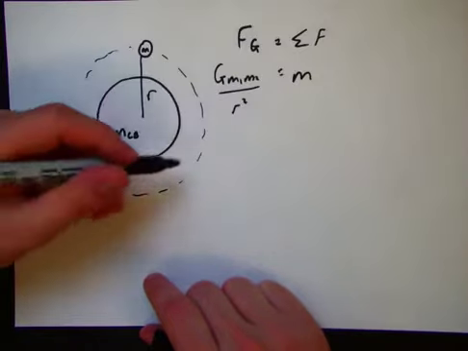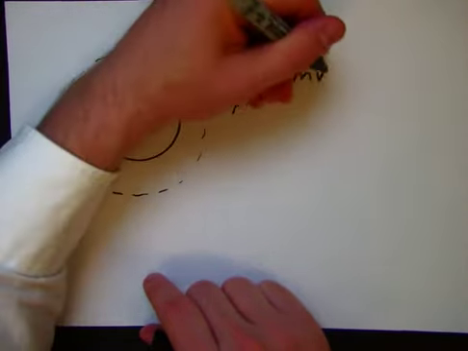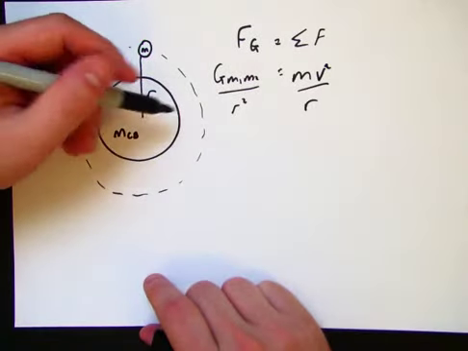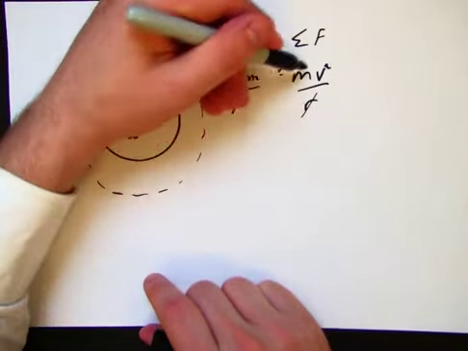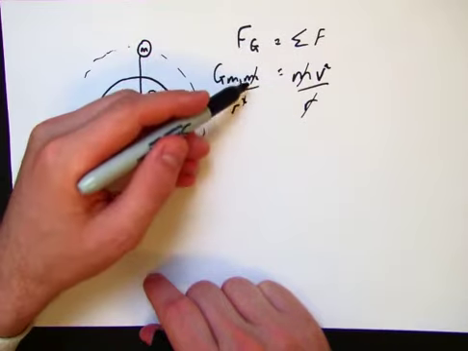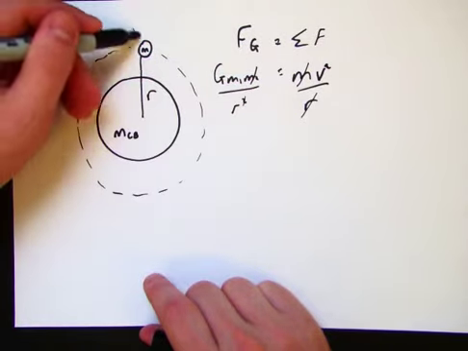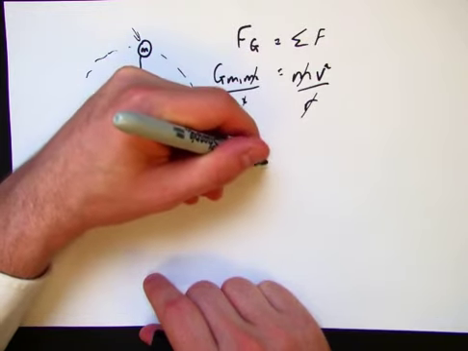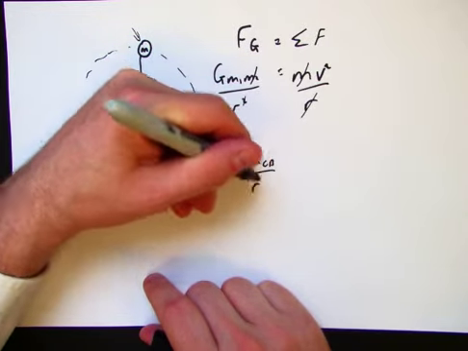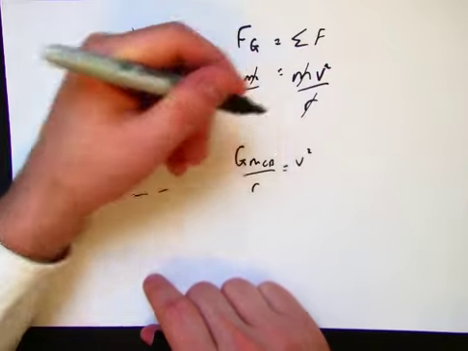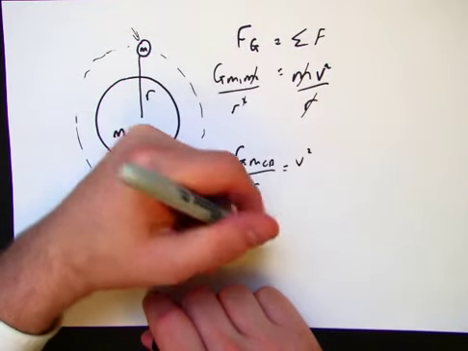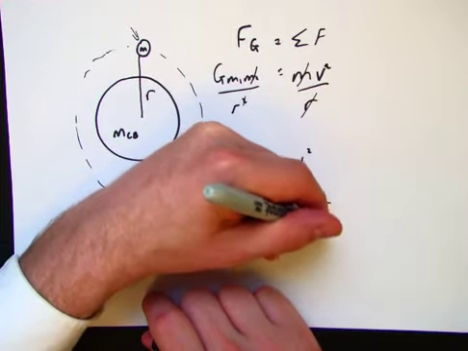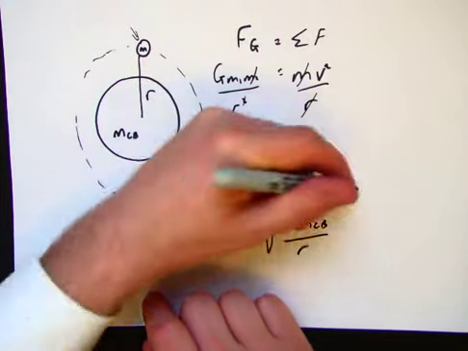Instead of writing a, I know that this is moving in a circular pattern, so I can write v squared over r. You'll notice I can get some cancellations. That's gone, this is gone, one of the masses is gone, and again, to remind you, this is the mass right here. Okay, so what I'm left with is G m of the center body divided by r, which equals v squared. And hence, v is going to be equal to the square root of G m center body all over r.